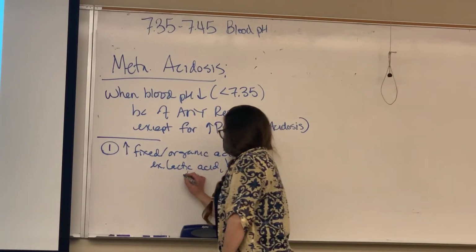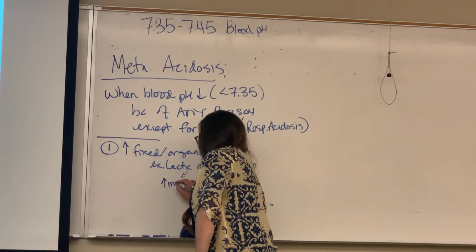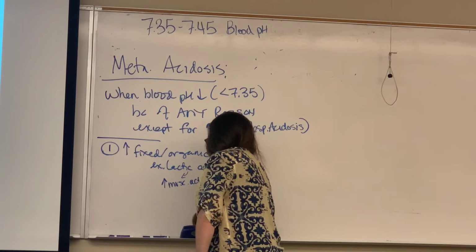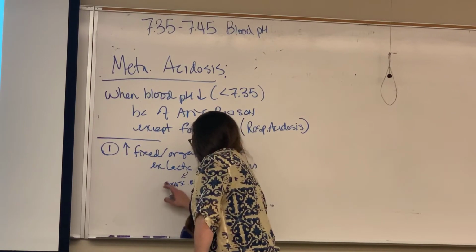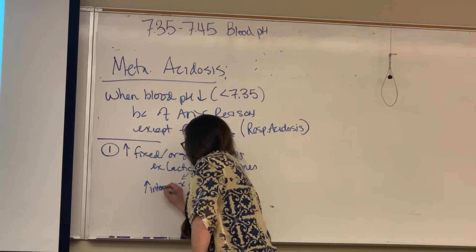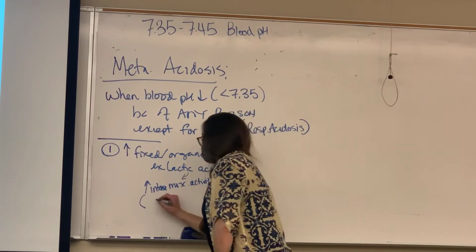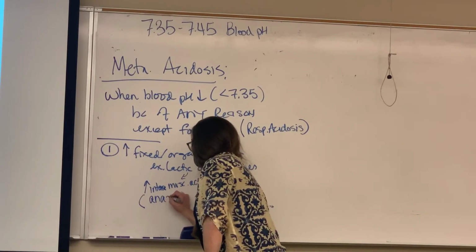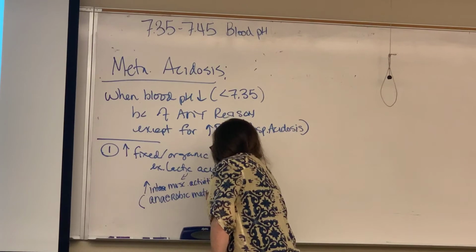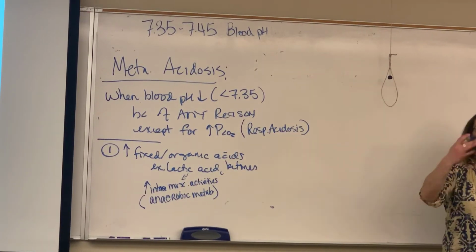Lactic acid would be if you're doing intense muscular activity. So not just a lot, but a lot of intense. When your muscle cells are forced to do anaerobic metabolism, they have to make ATP without oxygen.